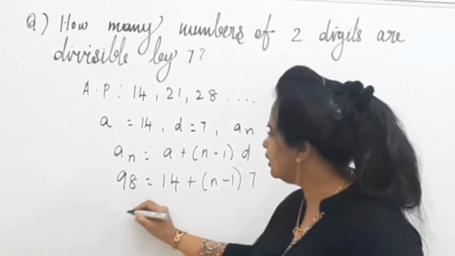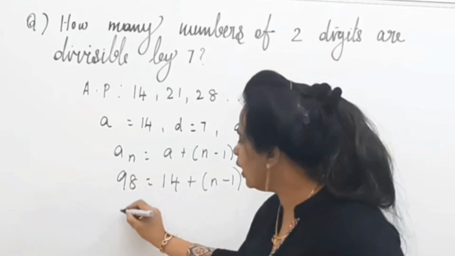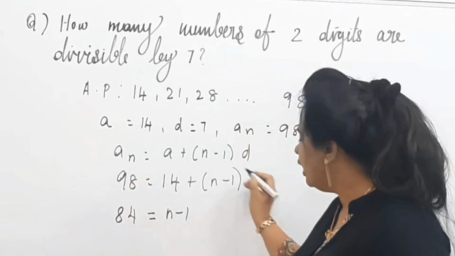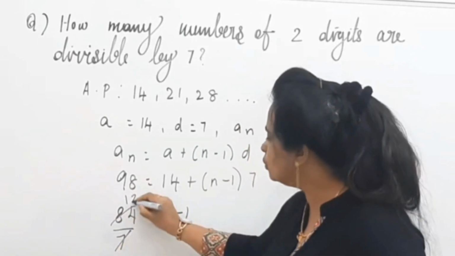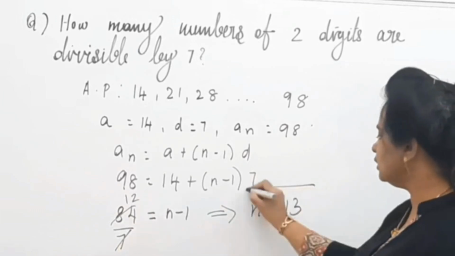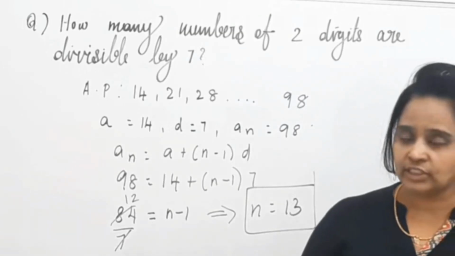So 98 minus 14, 8 minus 4 is 4 and then 9 minus 1 is 8, which is equal to n minus 1 into 7. I divide this by 7. So 12 is equal to n minus 1, which implies n is equal to 13. So 13 numbers are there which would be divisible by 7, 2 digits.